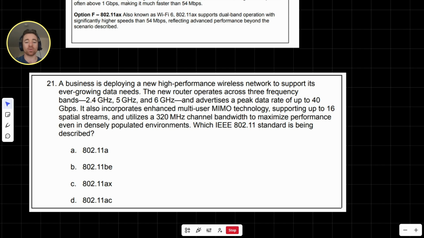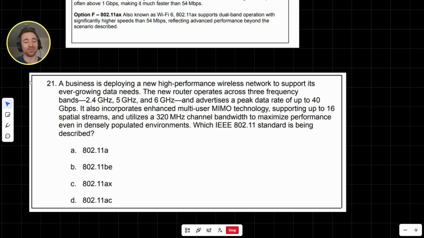It also incorporates enhanced multi-user MIMO technology, supporting up to 16 spatial streams, and utilizes a 320 megahertz channel bandwidth to maximize performance even in a densely populated environment. Which 802.11 standard is being described? A. 802.11a, B. 802.11be, C. 802.11ax, or D. 802.11ac. Holy smokes, right? 3 seconds, then I'm moving on. Pause the video if you need more time.